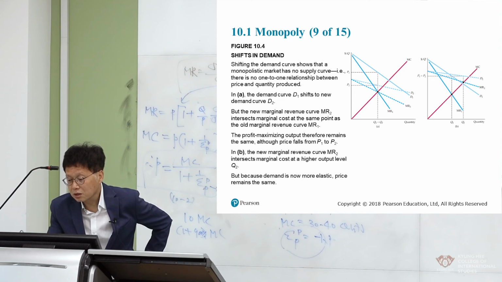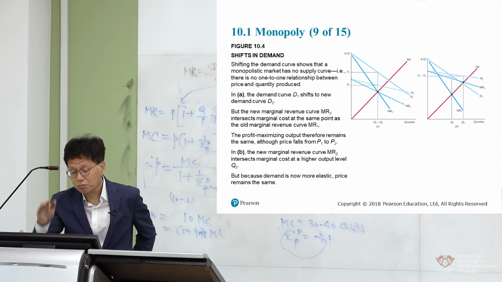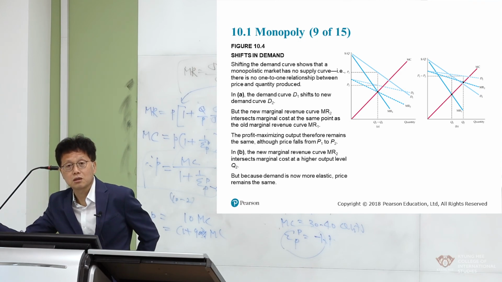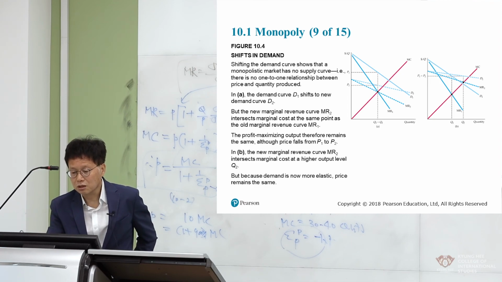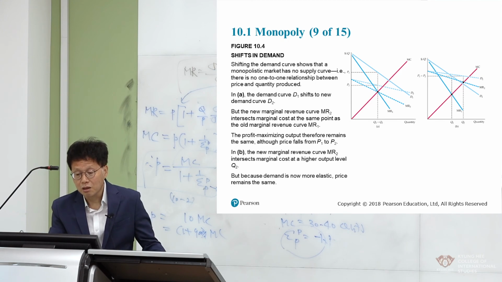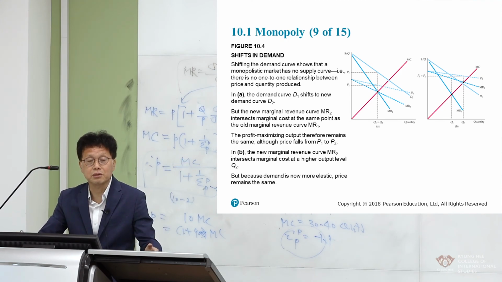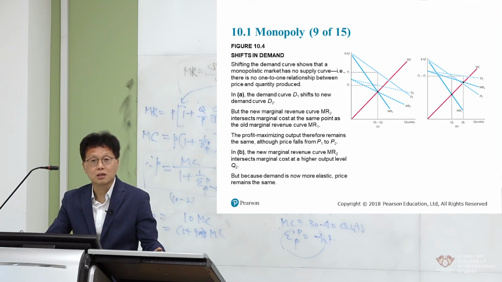So production increases from Q1 to Q2, and price is P2, but P2 is equal to P1. So the second case means no change in price, only production increases. The first case is the opposite: production is the same, but price changes. But in the real world, two things happen simultaneously.